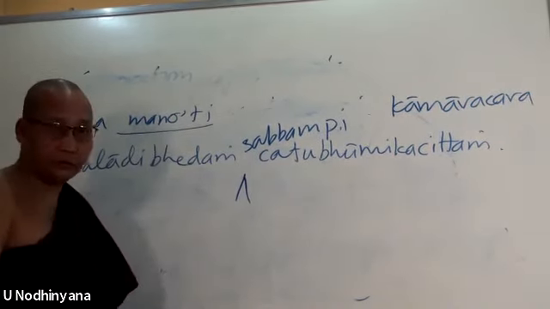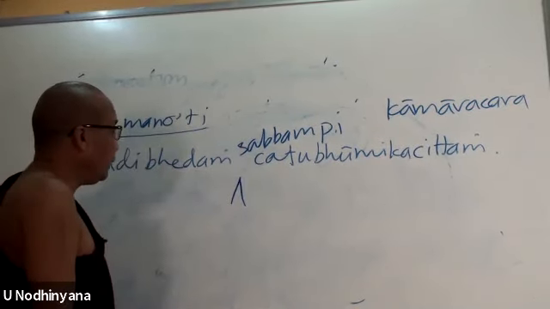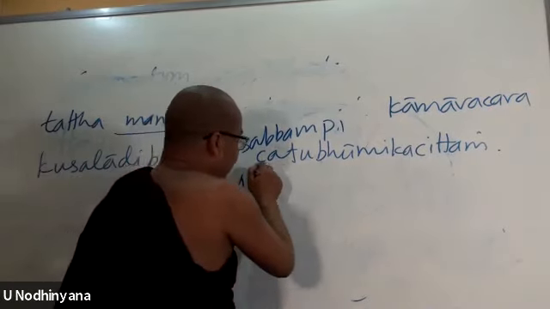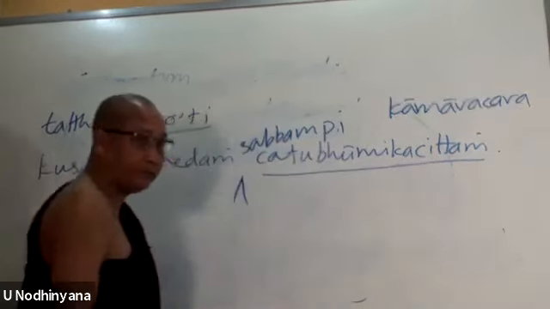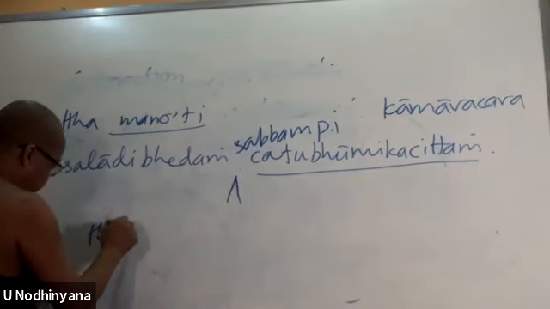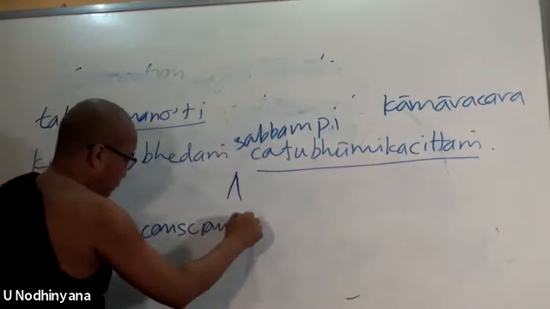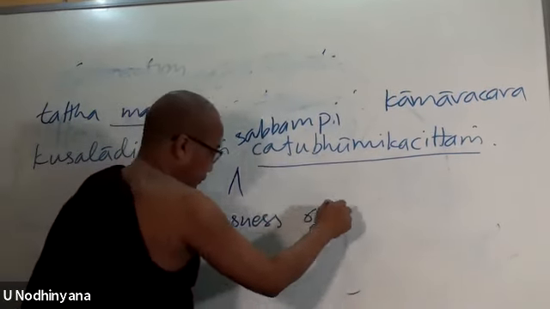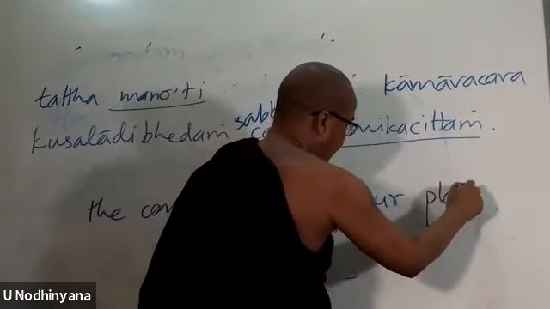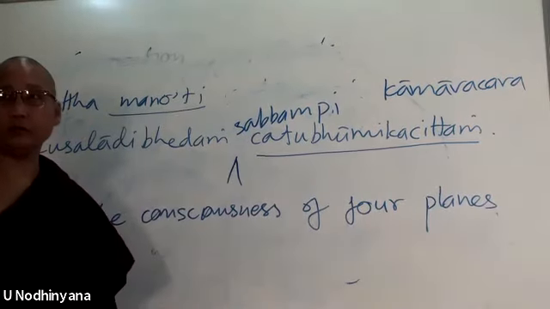So mano means, what is mano? Mano iti. Mano is chatu bhumika chaita, the consciousness of four planes. What is four planes?